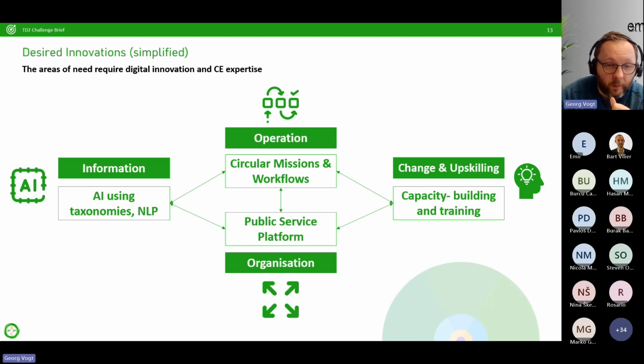These features will be made available through the platform, which serves as the access point for the AI, as the access and management point for the workflows and the mission, as well as a communication platform within the city organization between me, the municipal worker, and my CE expert, as well as the local businesses who might be able to offer me things I need, or who I need to talk to because I tell them, look, we have procured stuff for 40 years like that, but we will change it because of circularity.